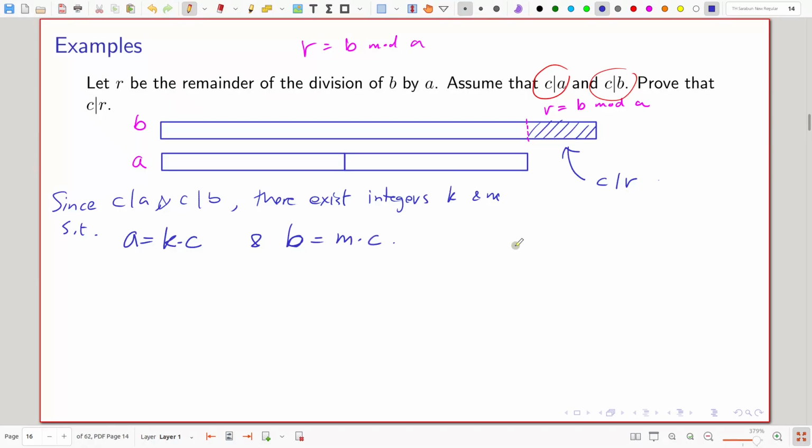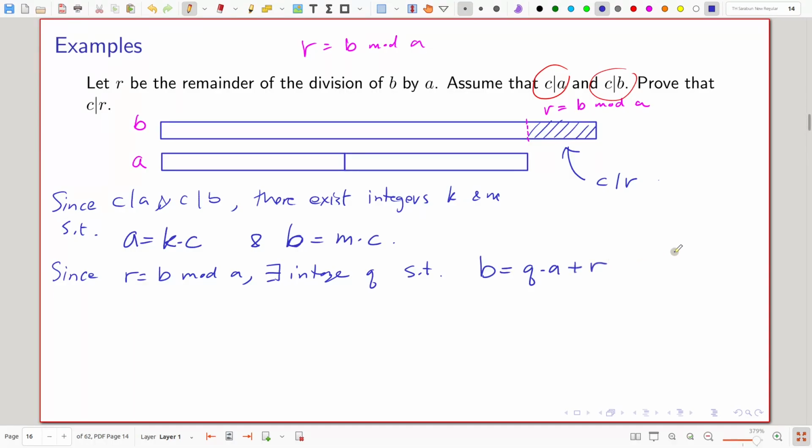Alright. Now, because R is the remainder of the division of B by A, right? What do we know about R? Since R equals B mod A, we know that there exists an integer Q such that B equals Q times A plus R. Right?